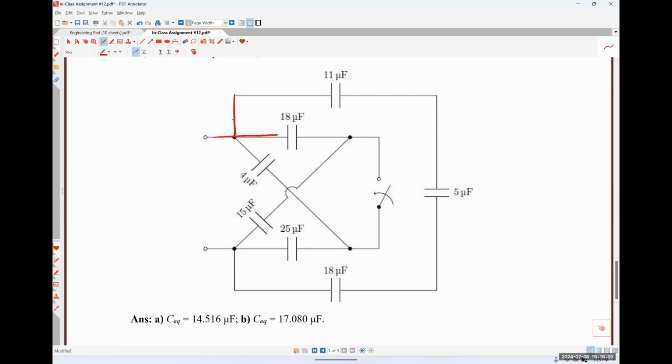So let's call this node right here A. This will be B. This will be C. This will be D. This one will be E. And lastly, this one will be F. Okay.